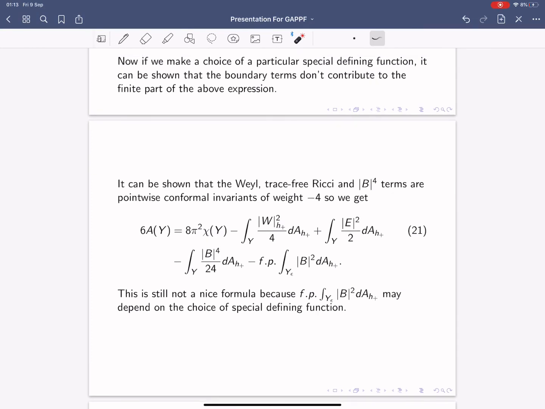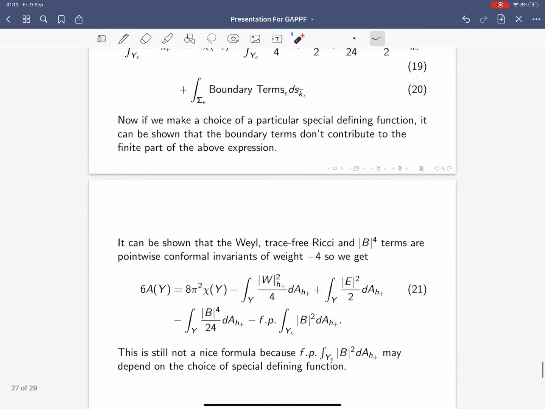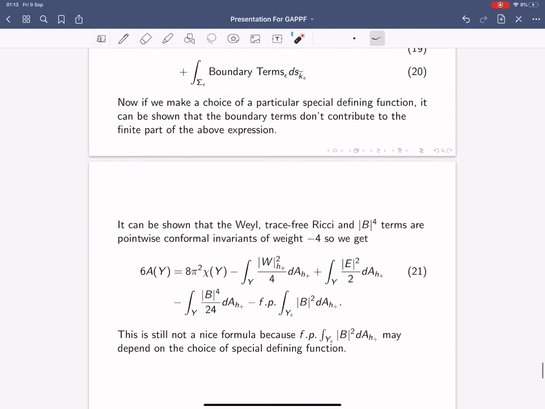So then what we get is the following. The Weyl term, the trace-free Ricci term, and B4 are all pointwise conformal invariants of weight minus 4, so these integrals all converge. Then we're just left with the finite part of this term.